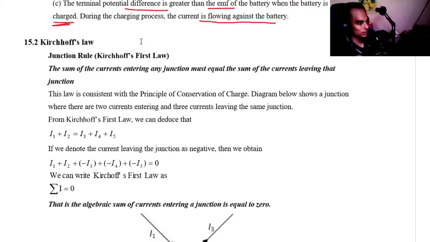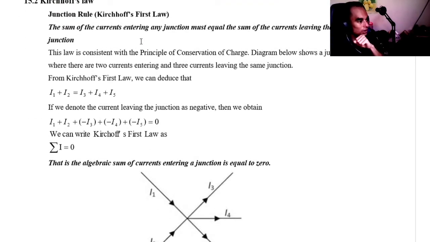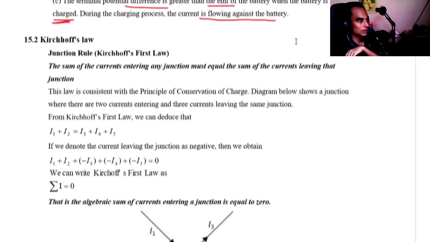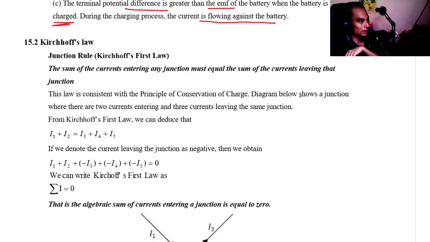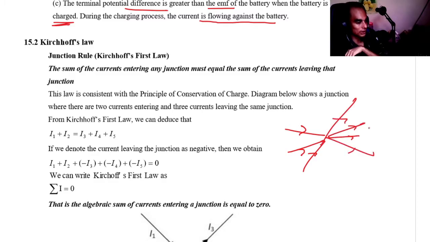Kirchhoff's first law: the sum of the currents entering any junction must be equal to the sum of the currents leaving that junction. So any current going in, say three currents going in, the sum of them will be equal to the currents flowing out of the junction.